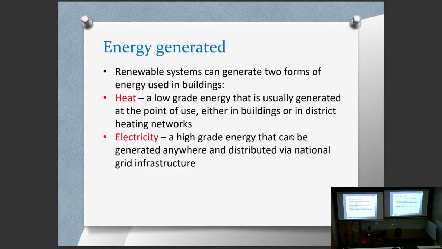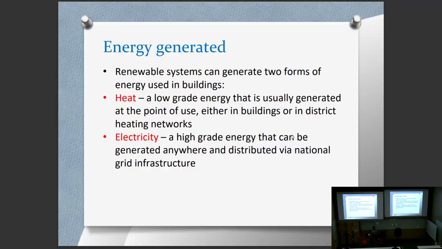Okay, so before we understand renewable energy or the possibility of achieving zero carbon building, let's discuss two kinds of energy that we need in the building or can be generated from renewable resources. So renewable system can generate two forms of energy used in building, and they are heat and electricity.